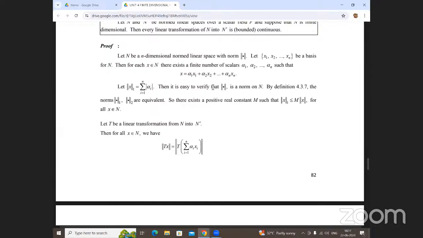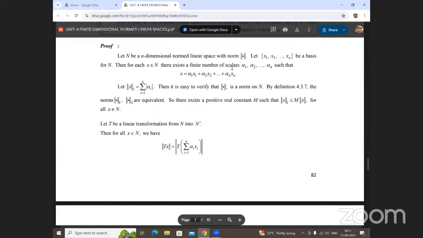First of all, we already know that an n-dimensional normed linear space is represented with the norm denoted by double mod of dot. Here n-dimensional means the basis has n elements, which is finite: x1, x2, and so on up to xn, and the scalars from the field are alpha values.